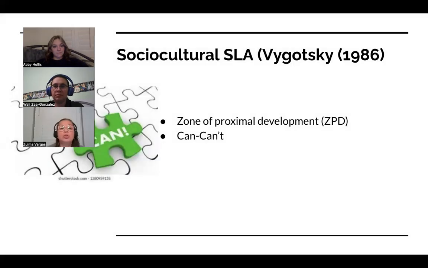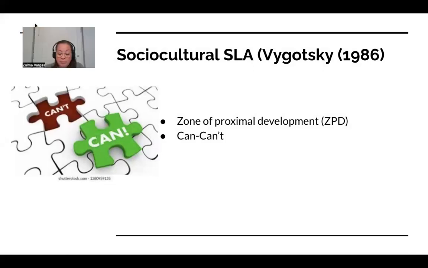Now the sociocultural SLA is by Vygotsky, 1986. He believed that learning appears when, for example, a teacher meets a student where they can learn and move into what he called the zone of proximal development.